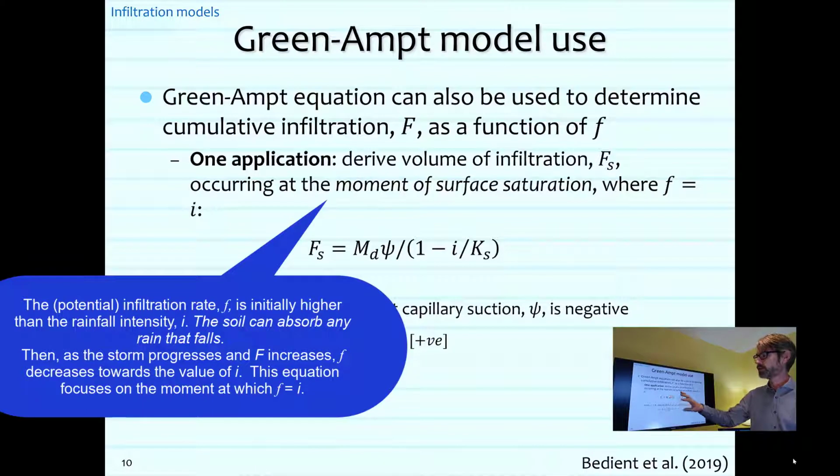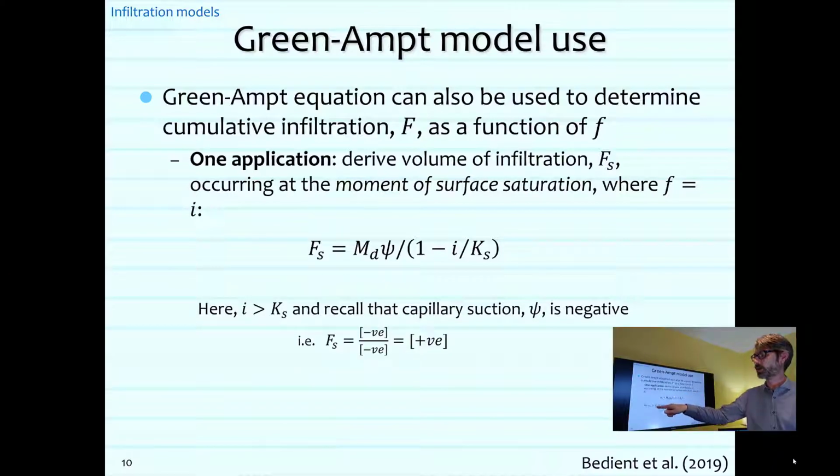And again, here I've just switched the equation around and I've replaced f with I. Here I is greater than Ks, and recall that our capillary suction psi is negative. This means that Fs is a negative over a negative value, which gives me a positive value, which is what I would expect.